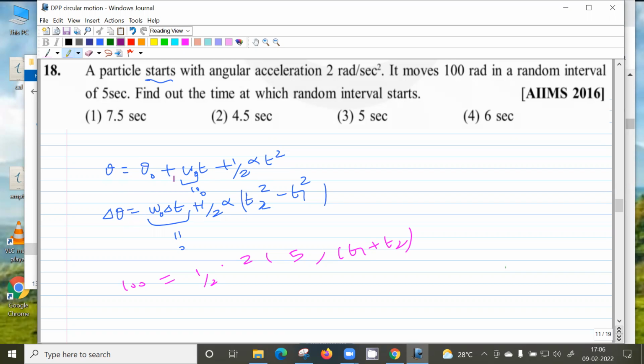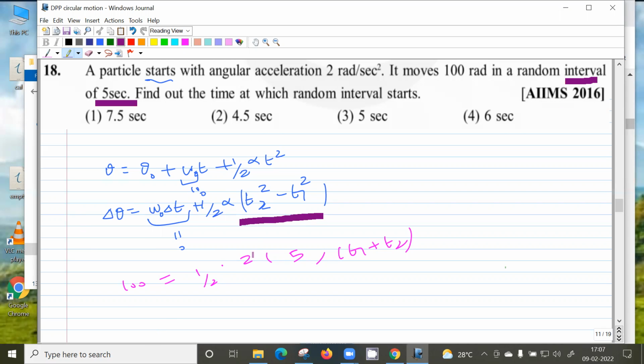So these two terms will go away. So it will be just half alpha into t2 square minus t1 square. It is not t2 minus t1 full square. And here, t2 square minus t1 square is t2 minus t1 into t1 plus t2. And t2 minus t1 is 5 seconds because of the interval. And delta theta is 100.